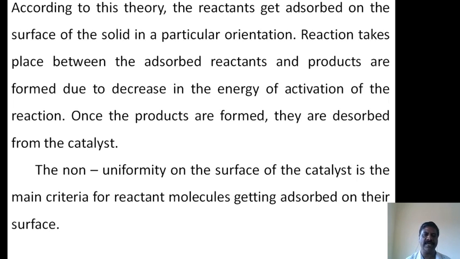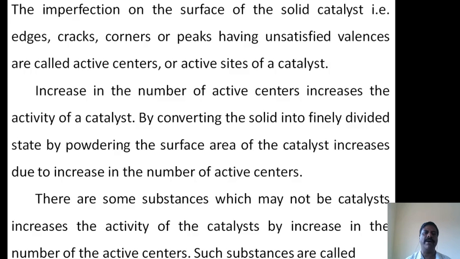It should be made non-uniform by producing imperfections on the surface of the solid, that is edges, cracks, corners or peaks having unsatisfied valences, which are the active centers or active sites of the catalyst.